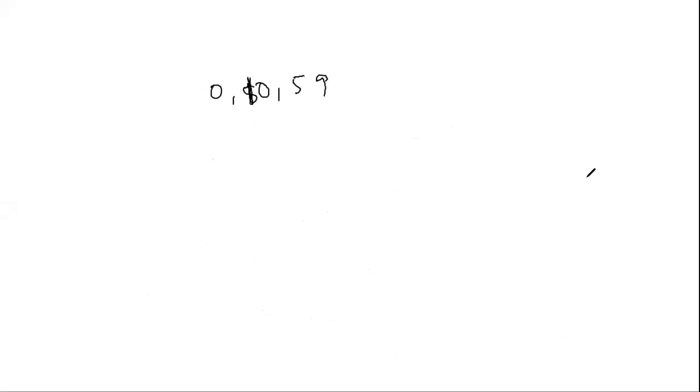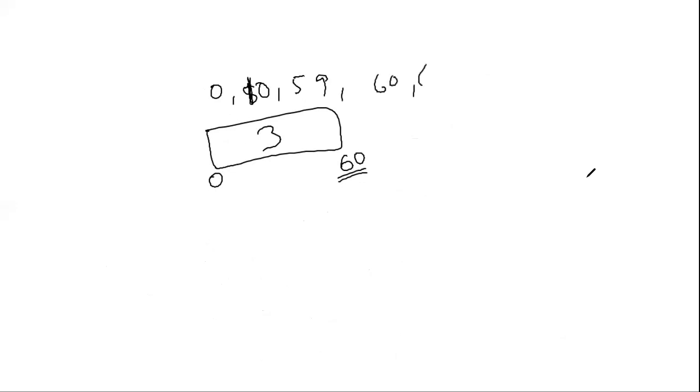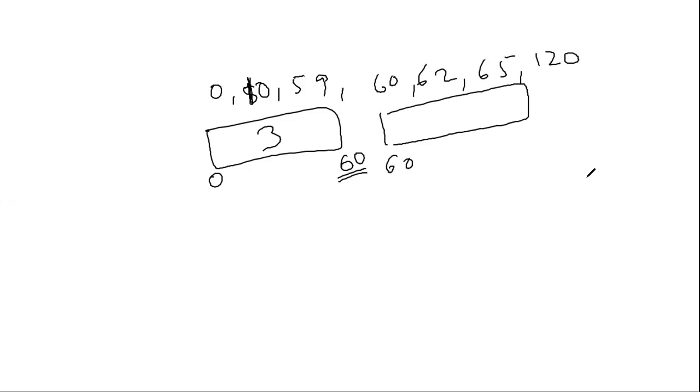So in this minute 0 to 60, where 60 is not inclusive, we had 3 tweets, for example. Suppose we had tweets at 60, 62, 65, 120. Then we can say that from 60 to 120, where 120 is not inclusive, we have another 3 of these.